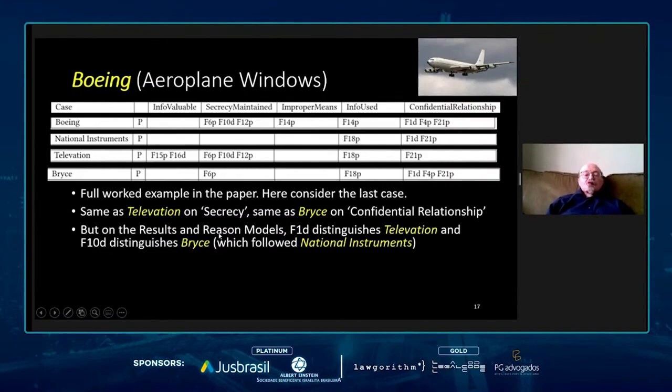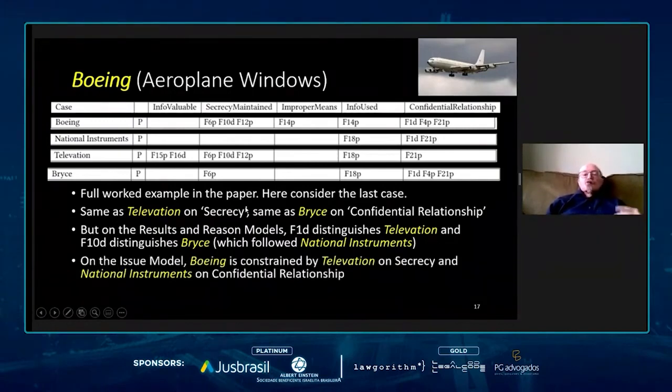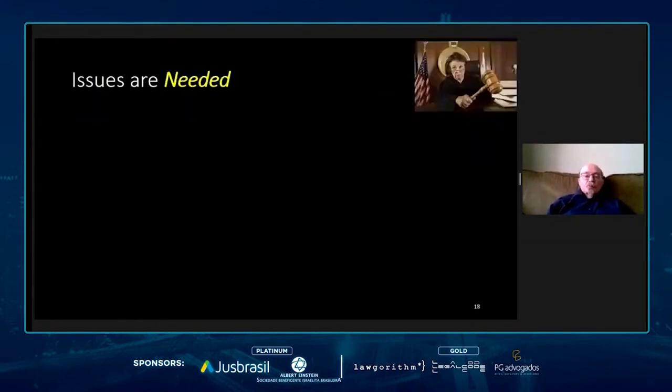But on both the results and reason models, F1 will distinguish Television, and F10 will distinguish Bryce and National Instruments. It's only if we think in terms of issues that we can constrain Boeing using Television for secrecy and National Instruments for confidential relationship. And this is what we want.